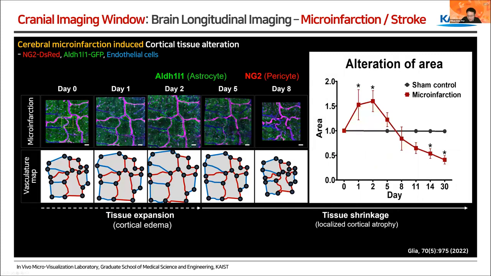So this is the quantification of the volume of this area. You can see this is the edema from day 1 to day 2. You can see very significant edema after the stroke, the micro-infarction. And later, we can see the tissue shrinkage, basically the cortical atrophy, on a microscopic scale.